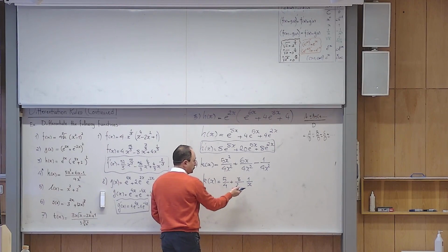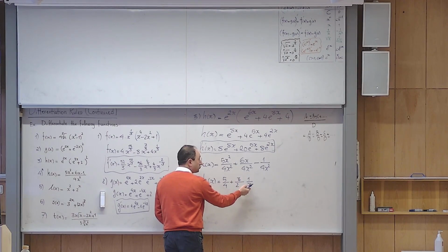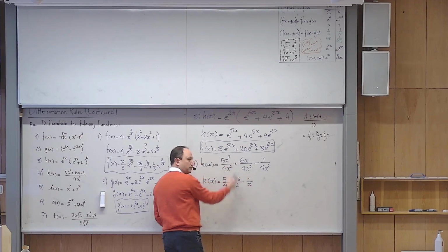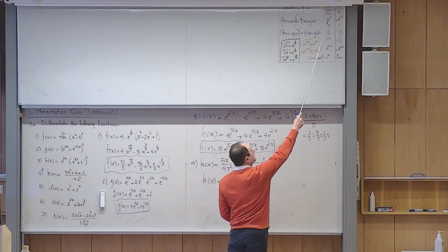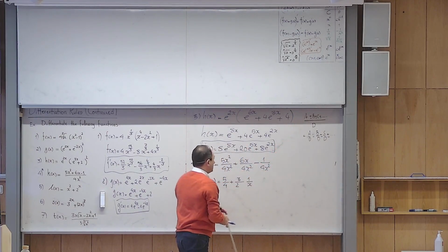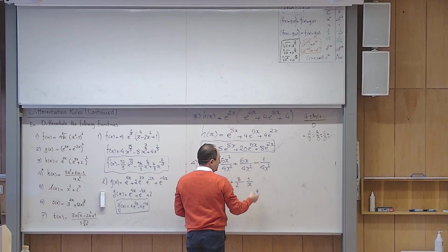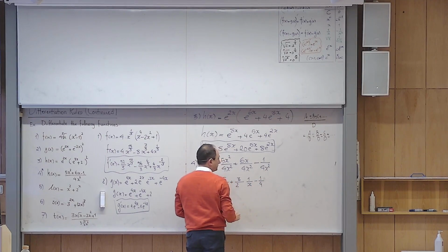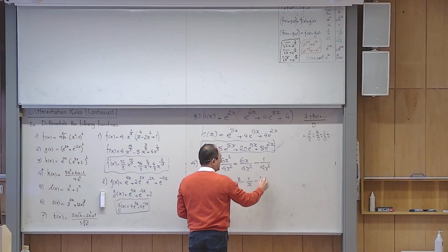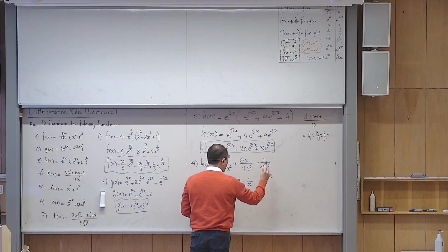In principle, if you don't have this formula in your memory, I told you that the green ones are not in the formula sheet. So you have to bring everything up so that you can use that formula. But here, I do not have this anymore in my memory, so I would write it minus 1 over 4. Then x to the power of 2, I bring it up, becomes x to the power of minus 2.